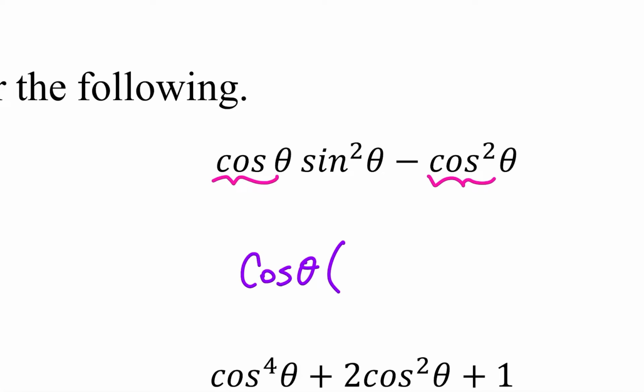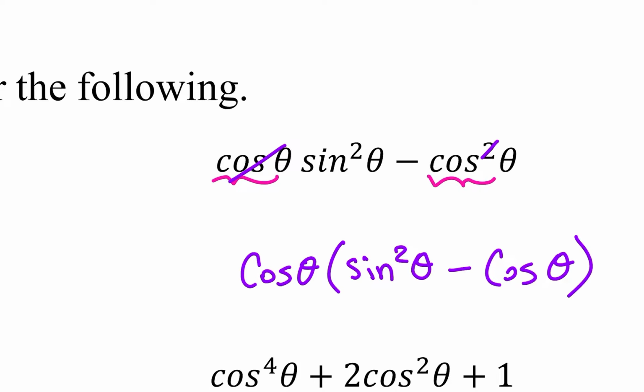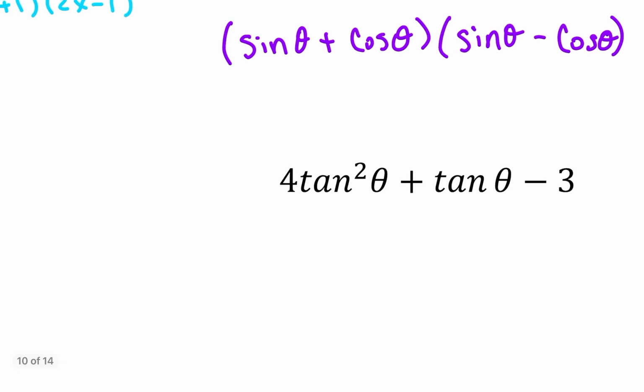So factor cosine theta out, meaning in the beginning, this cosine goes away completely. So we just have sine squared of theta left over, keep our operation. Here when we take one cosine away, we have cosine of theta left, and it's going to factor out like that. So we have one cosine left and a sine squared. So it's still not a difference of two squares, nothing I can do there. We're going to have to stop right there.